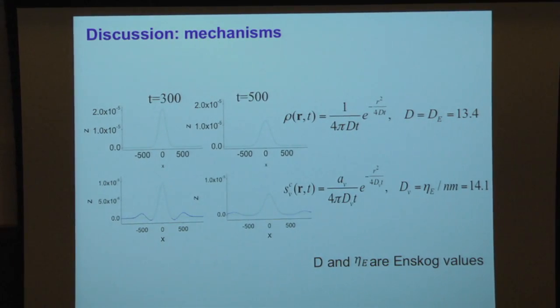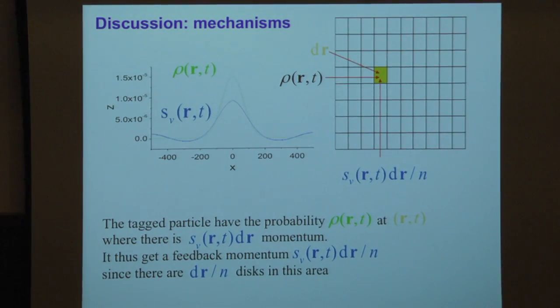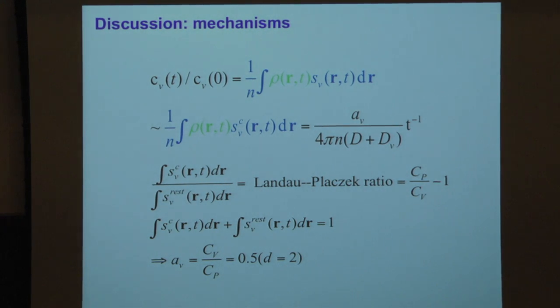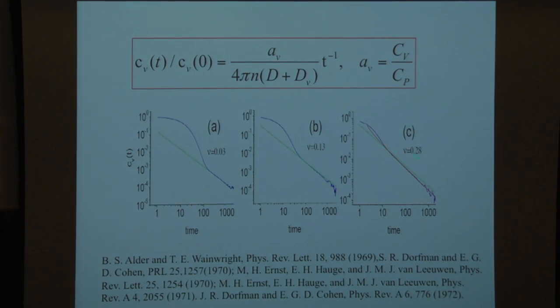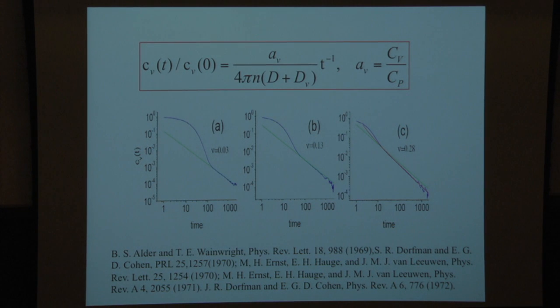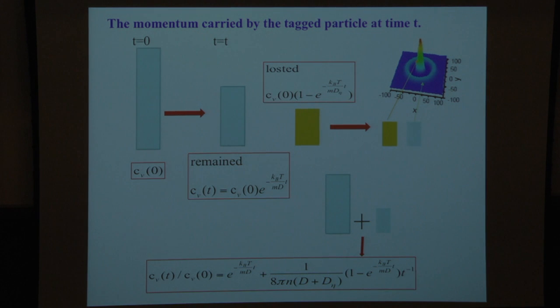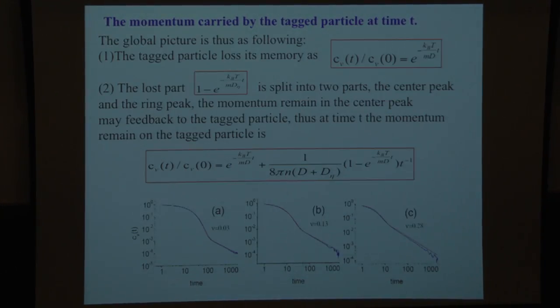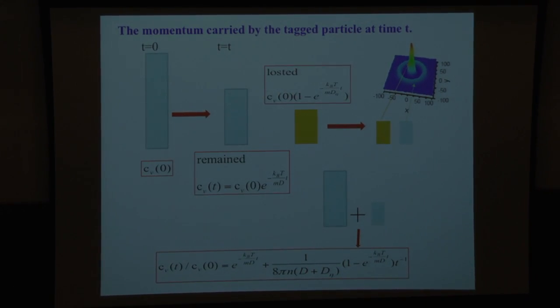So in this case, we can derive the power law decay behavior in a very simple way. But I think it is intuitive, and I obtained exactly the same result reported previously, and it fits the numerical result. Also, based on the same intuitive explanation, I obtained such a uniform formula, which also works well.